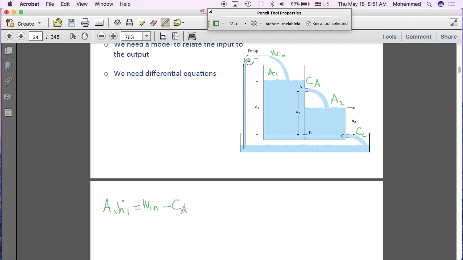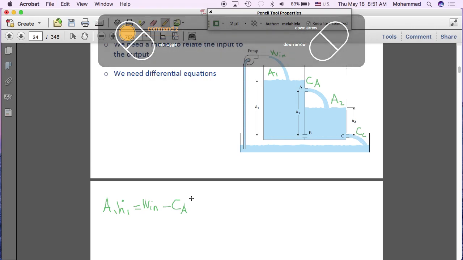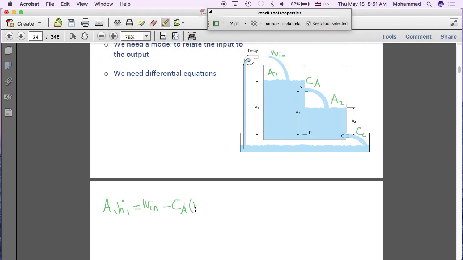Yeah, the net fluid above that orifice is H1 minus H3. Now, please note that H3 is a constant.